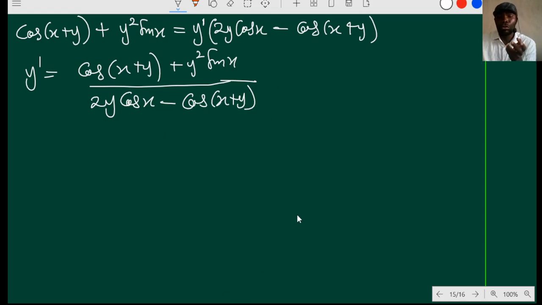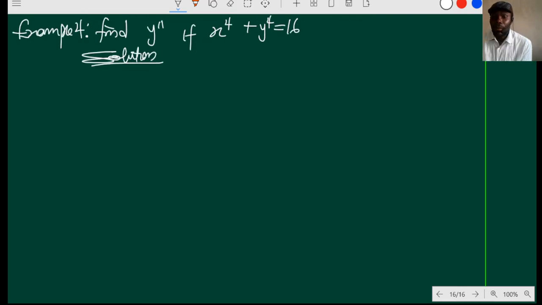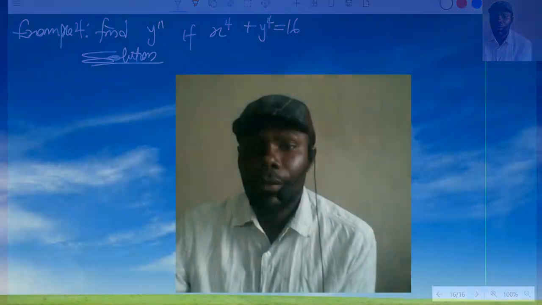So we are now solving the last example, which is example 4, which I would give you as class work to do. So we are explaining example 4. If you're able to see this example 4, it wants us to differentiate in second derivative.